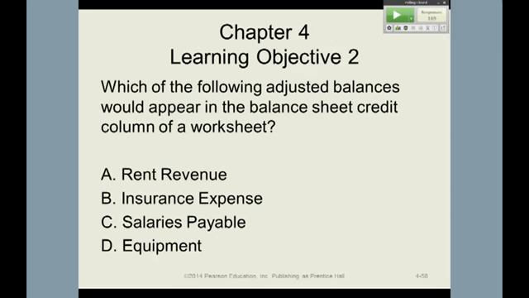All right, so which of the following adjusted balances would typically appear in a balance sheet credit column of the worksheet? So what would you typically find in the credit column of a worksheet? So let's go again. I'm keeping track.